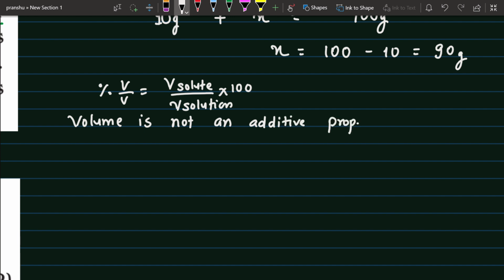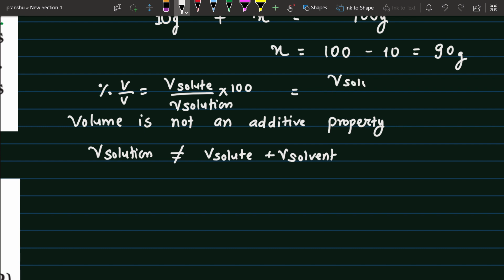In that case, volume of solution may or may not be equal to volume of solute plus volume of solvent. So writing volume of solute into 100 divided by volume of solute plus volume of solvent may not help in the exam. So never use this formula, because volume is not an additive property.